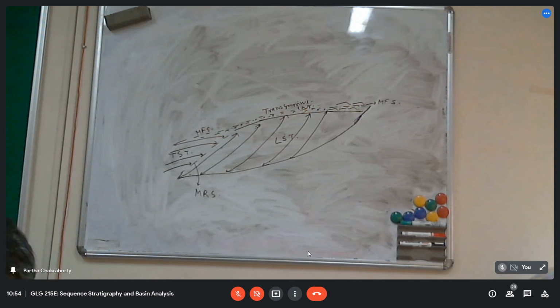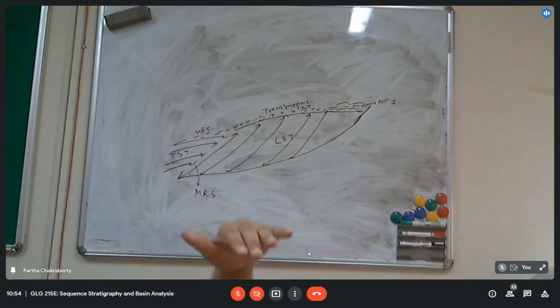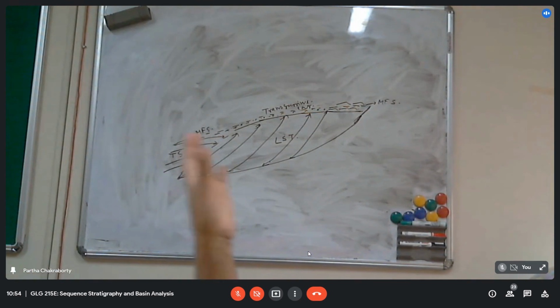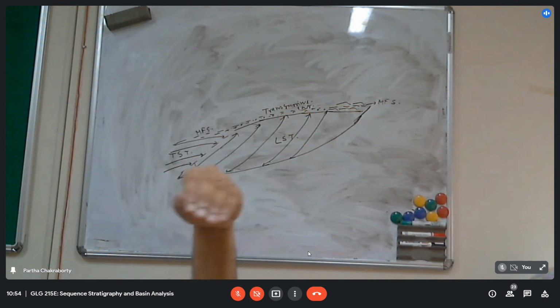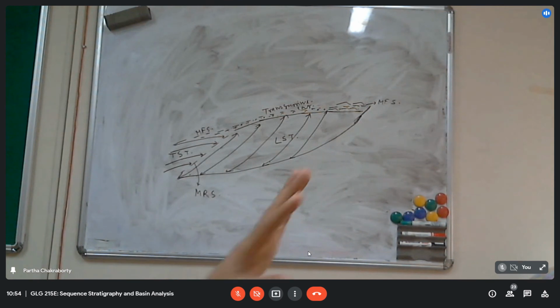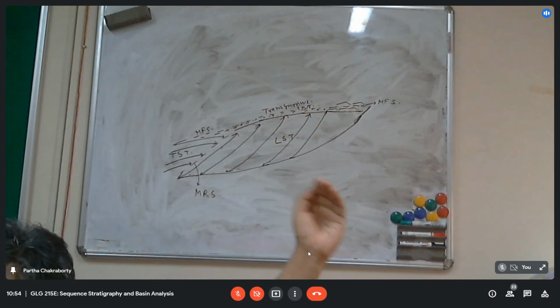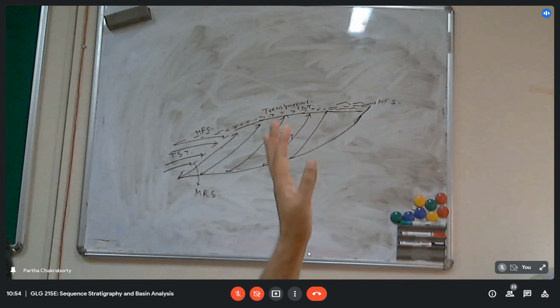Till now, what I have shown you is, in a low gradient coastline and a high gradient coastline, how the different agencies are responsible for the erosion of the shallow part and the deposition in the deeper part, and there will be aggradation in the most proximal part.